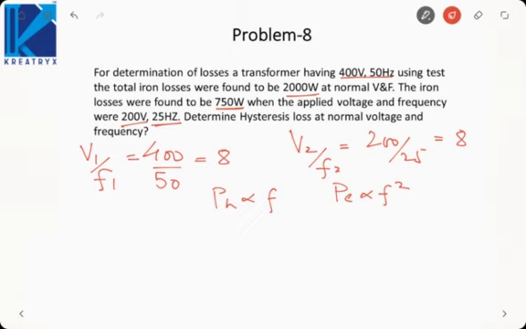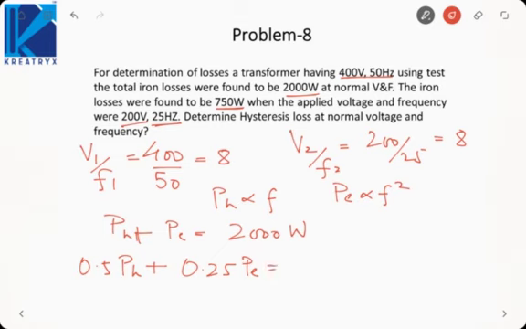Then if we take the equations, initially pH plus PE, the total core losses, was 2000 watt. Then since frequency is halved, hysteresis loss will be halved, so 0.5 pH. Frequency is halved, eddy current loss will become 25% of PE. This becomes 750 watt.